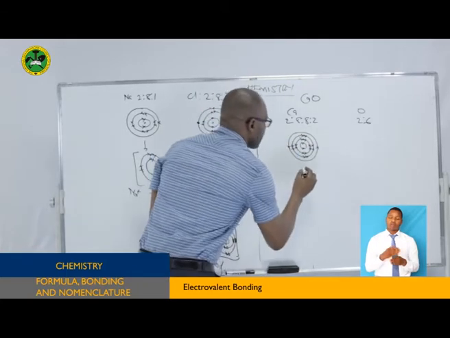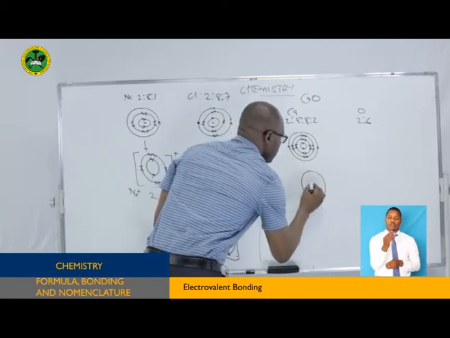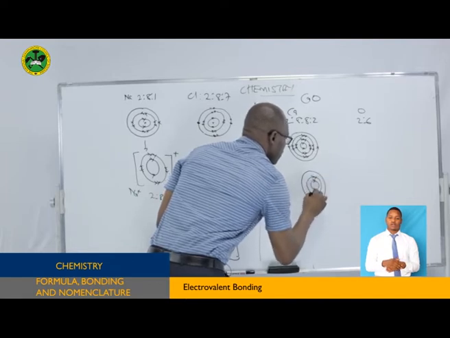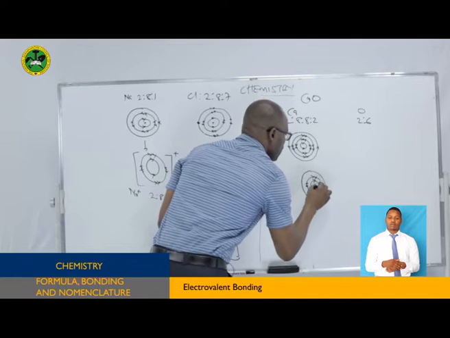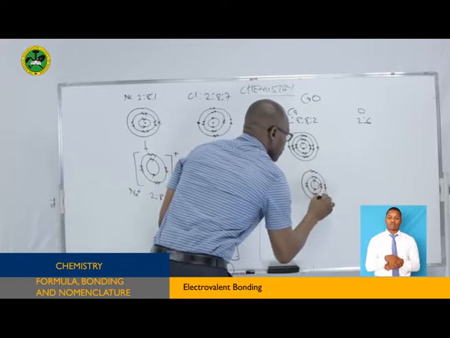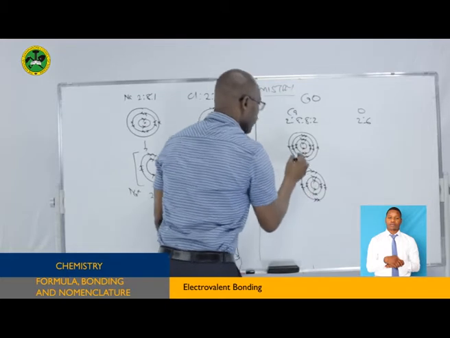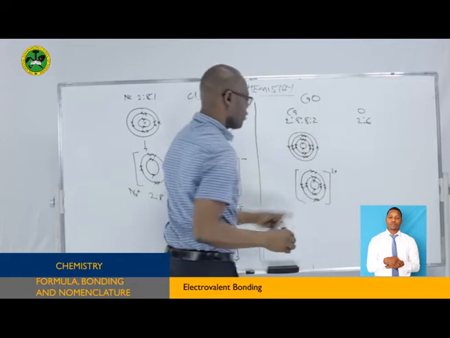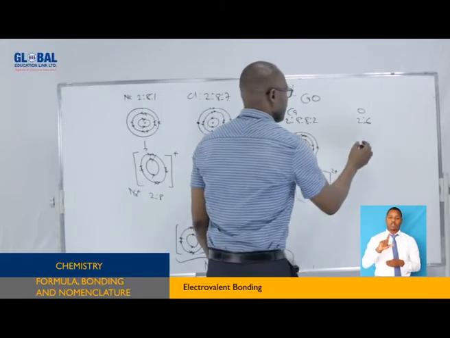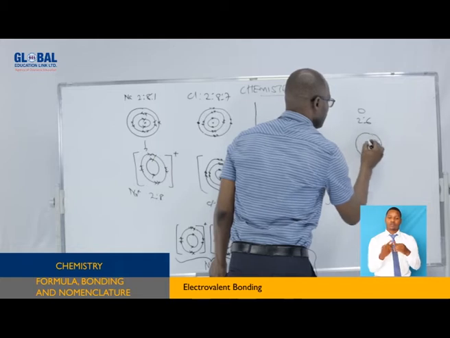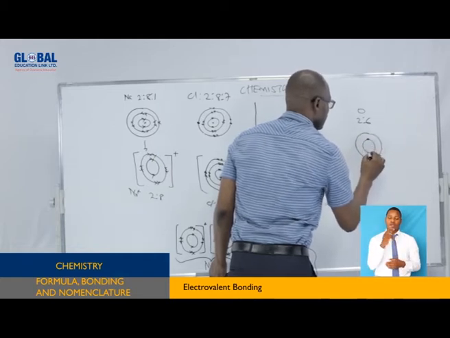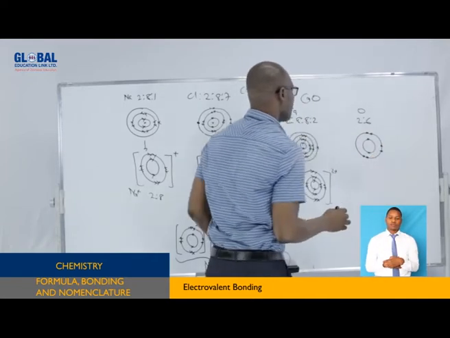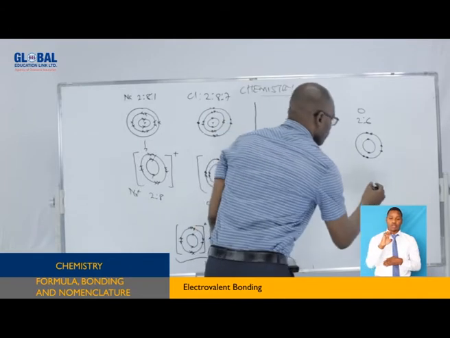After losing the 2 electrons, it becomes, and now it's not an atom, now it is an ion. It has lost 2 electrons, so it is 2 positive. This one is 2, 6. It gains 2 electrons and then becomes 2, 8.